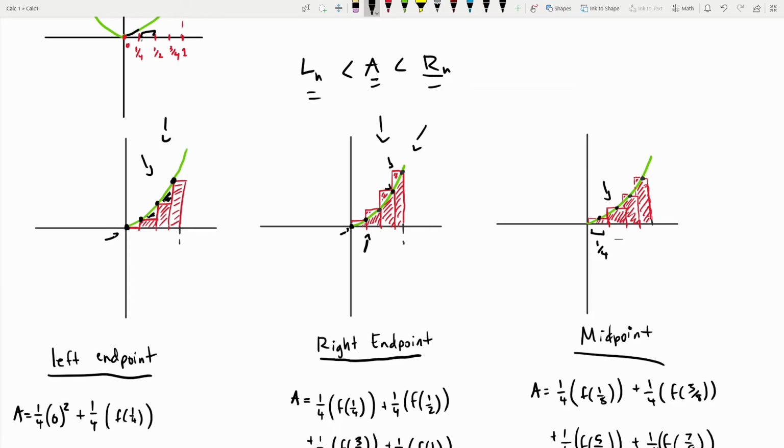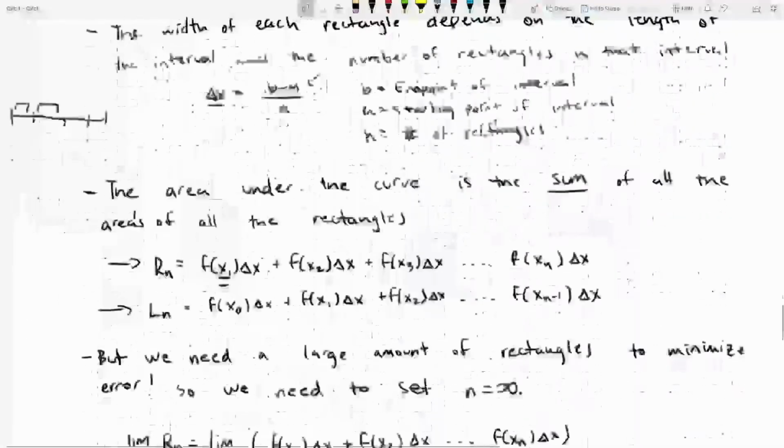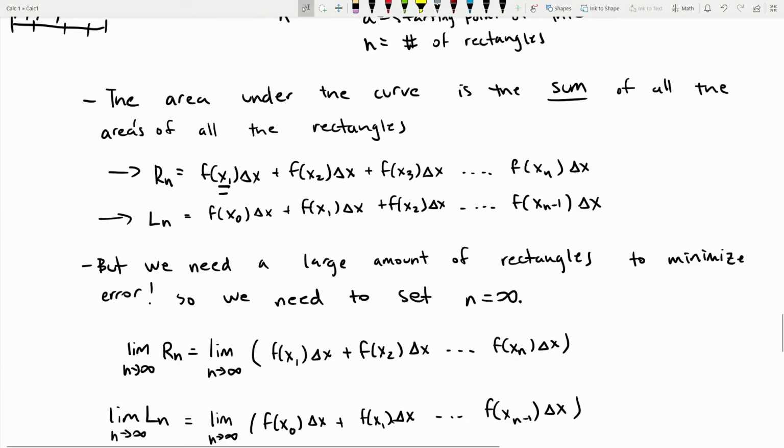It starts computing the first area based on this x value right here. So we know that the right endpoint method will start at x1, like indicated right here, and it will go on from there up to xn. However, the left endpoint method will start at x0, so it'll always kind of be lagging one behind, and that's why we end at x_{n-1}.